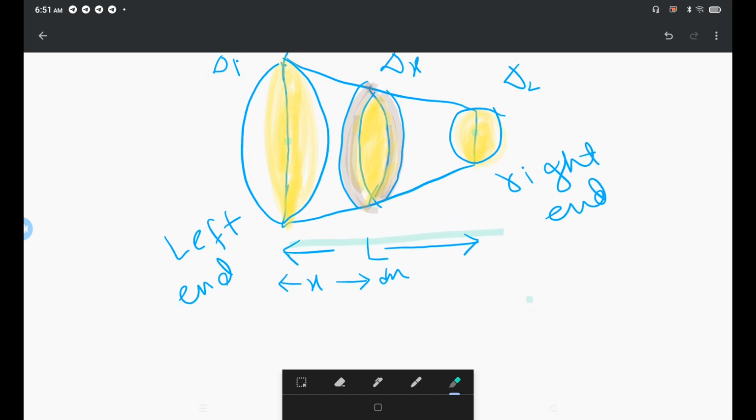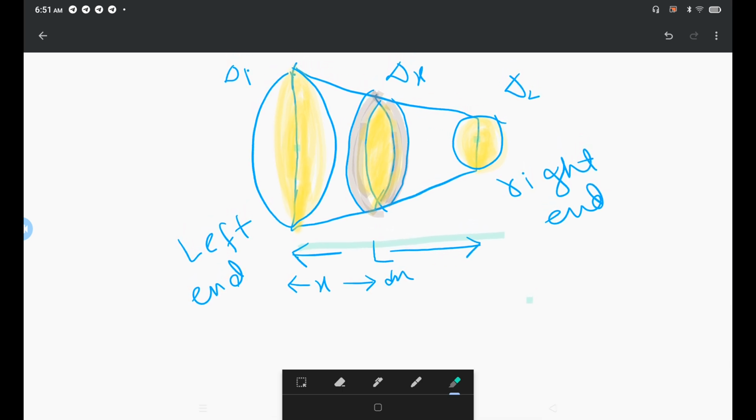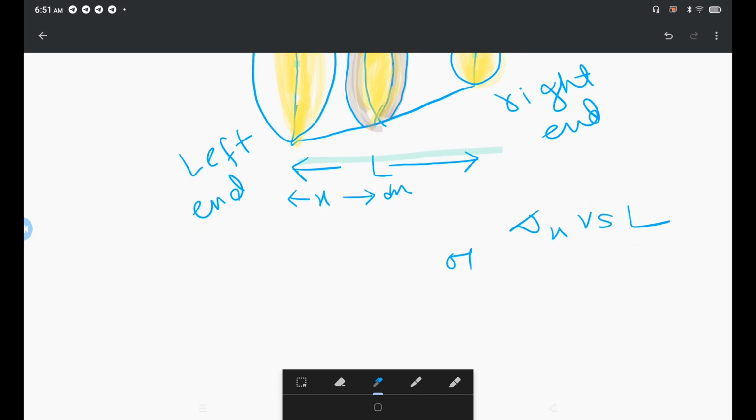To show the variation, let us take a graph between diameter versus length, that is dx versus length of the tapering rod.